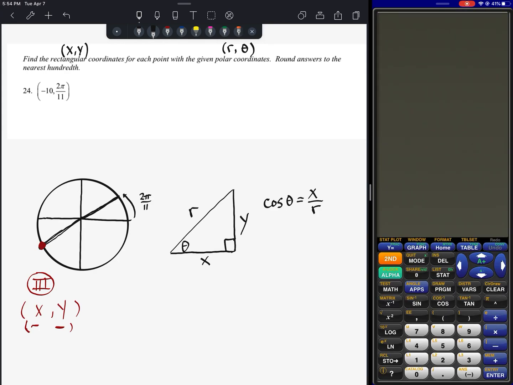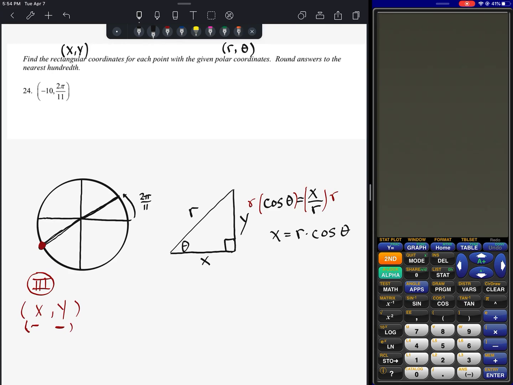If we multiply both sides by r, we get that x equals r times the cosine of theta.